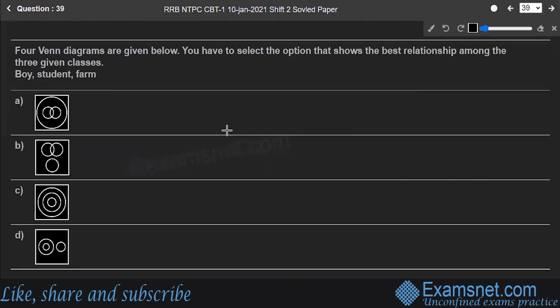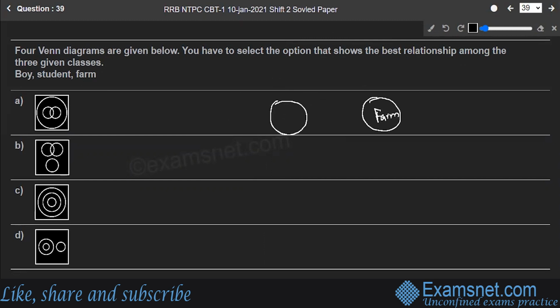4 Venn diagrams are shown, and this is a mental ability question. 4 Venn diagrams are given below. You have to select the option that shows the best relationship among the 3 given cases: boy, student, and farm. So let's see over here. If I say farm has no relation with boy and student, so this one represents a farm.